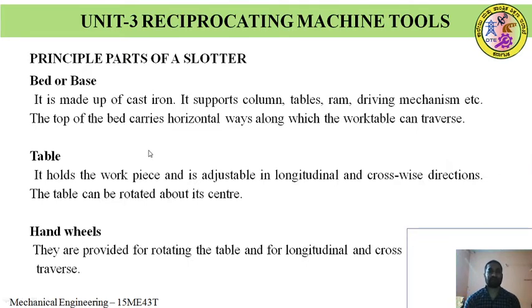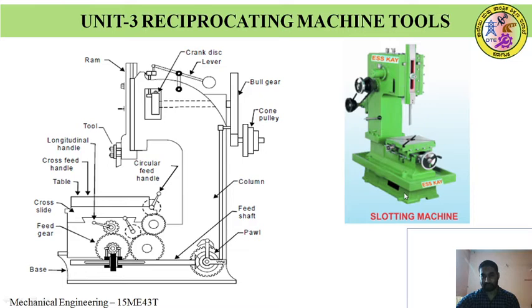The principal parts of a slotter consist of the bed or base, table and wheels. The bed is made up of cast iron. It supports the column, table, ram driving mechanism, etc. The top of the bed carries the horizontal ways along which the work table can travel. You can see this is the table.